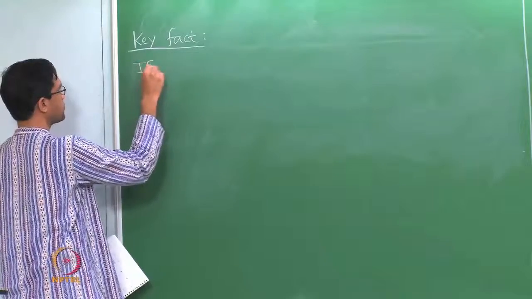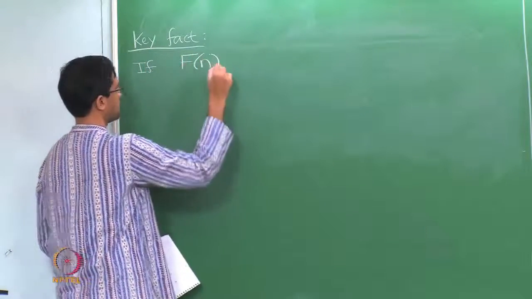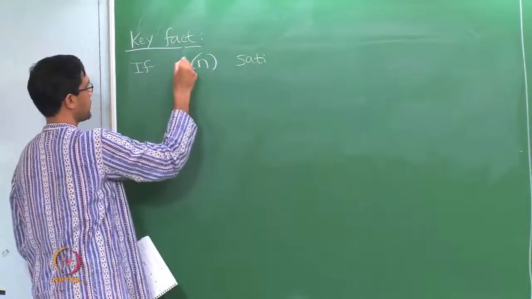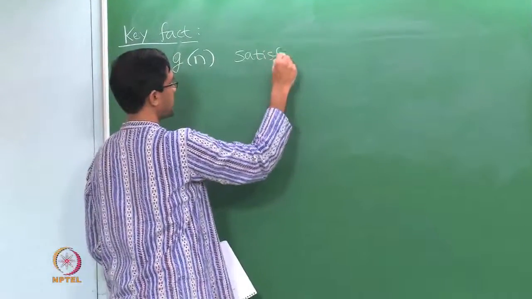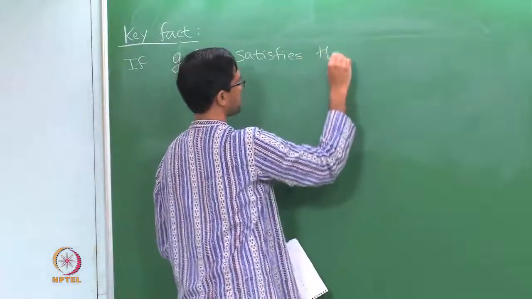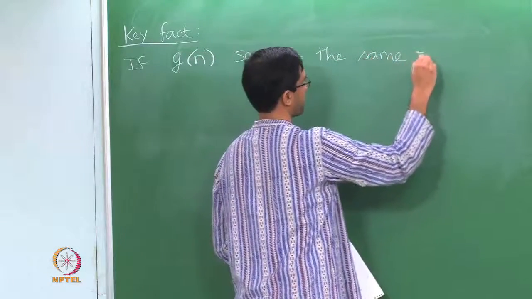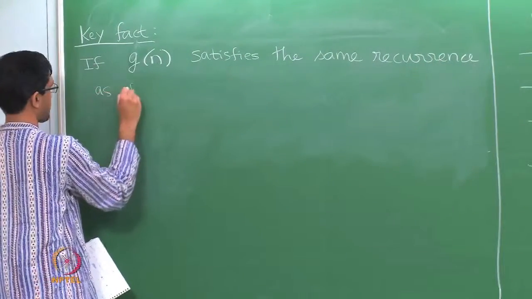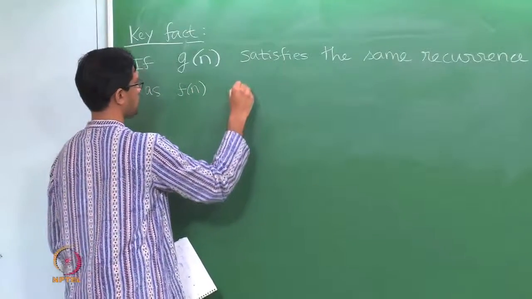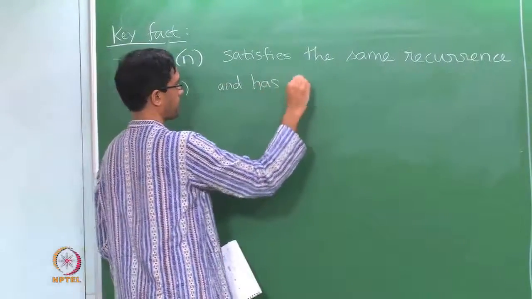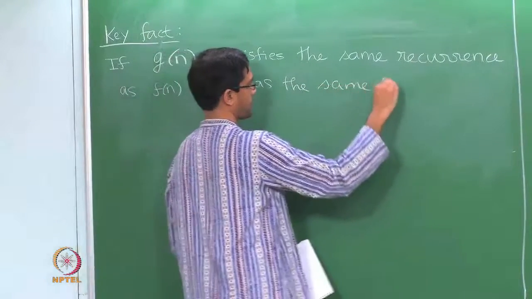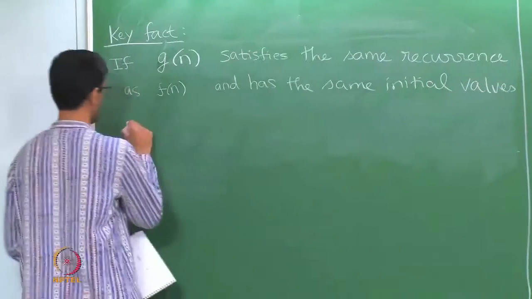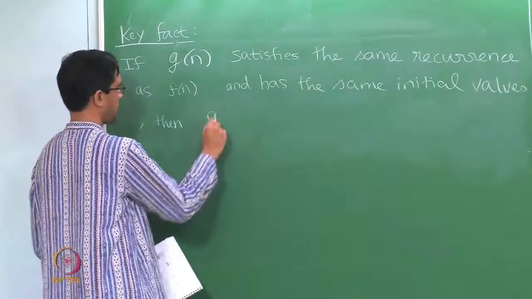Suppose you have another sequence, let me call it g of n, which satisfies the same recurrence as f and has the same initial values as f, then g and f are in fact equal.